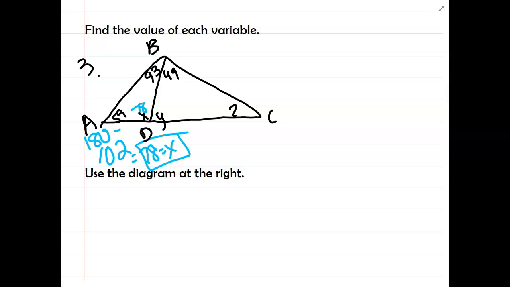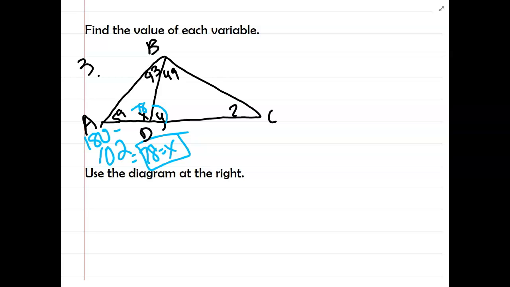If you added what? 59 and 43. That's an interesting one to think about. So he's using the exterior angle. Remember that it says the measure of this exterior angle equals those two added together? That would be an idea.